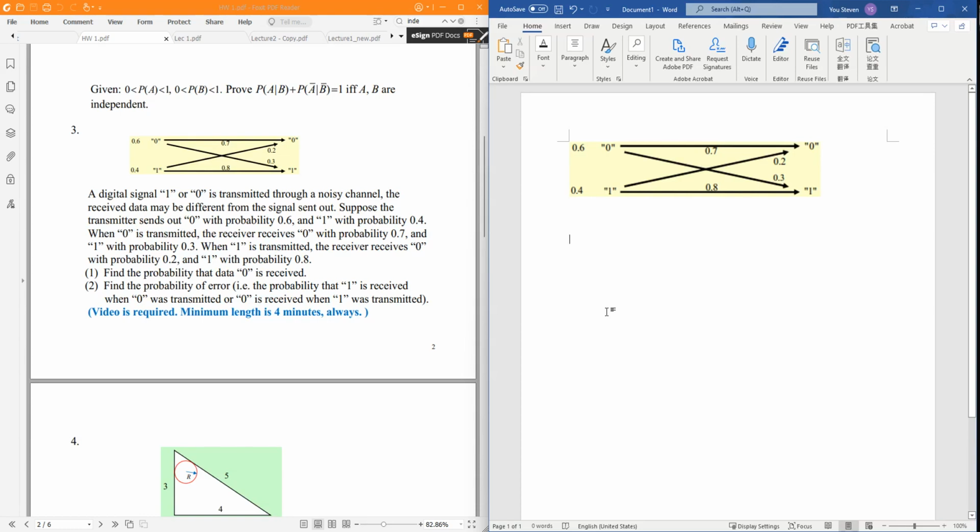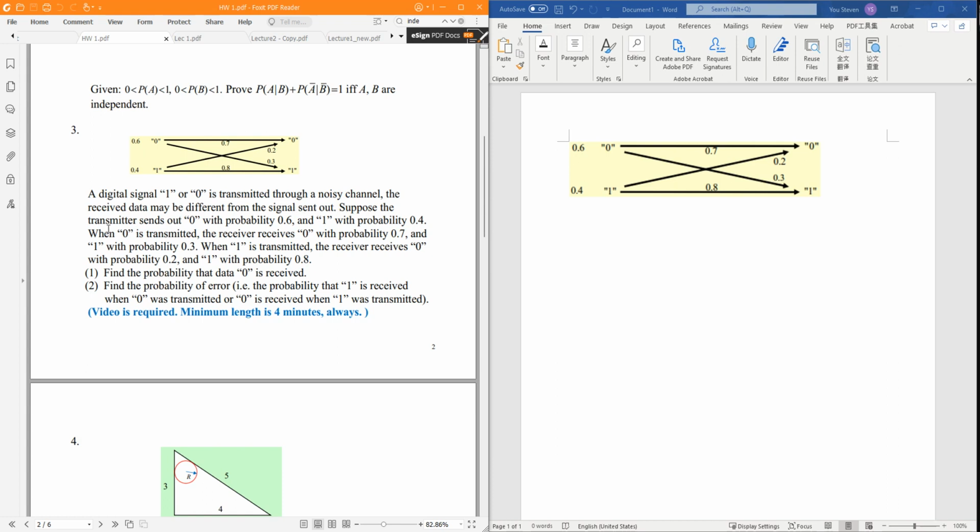Okay, for question number 3, the problem is that a digital signal 1 or 0 can be sent through a channel, and the received data may be different from the signal sent out.